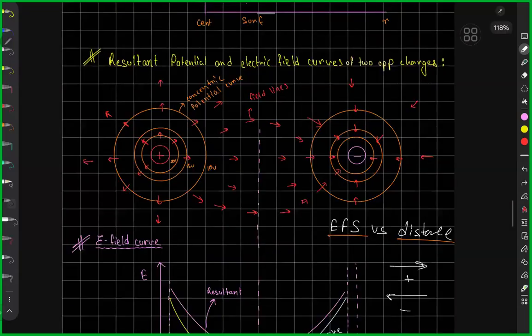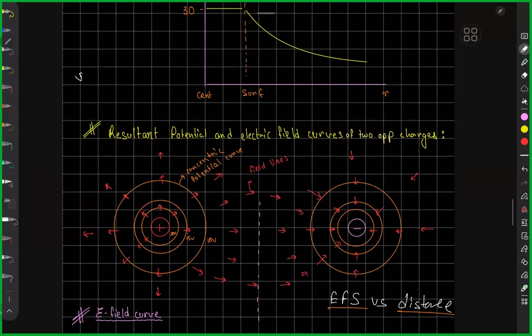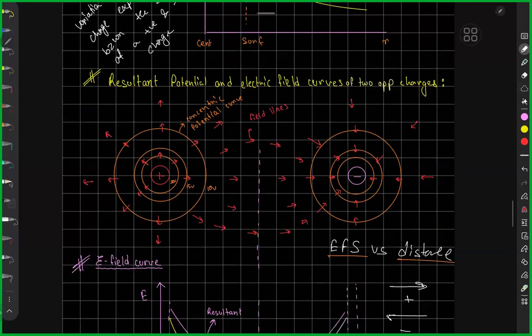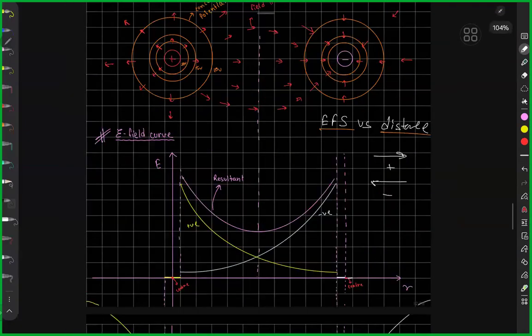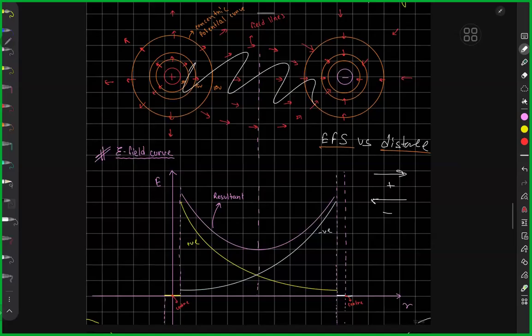So if I write it down, it represents the variation of force a positive charge experiences between the space of a positive and negative charge. And also the direction of the force. Since the entire curve is in the positive axis, what does this mean? What is the direction of the force throughout this entire space? Tell me.